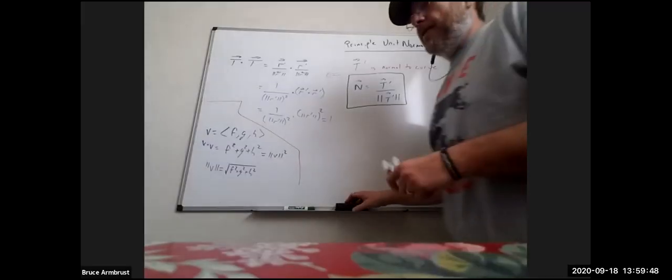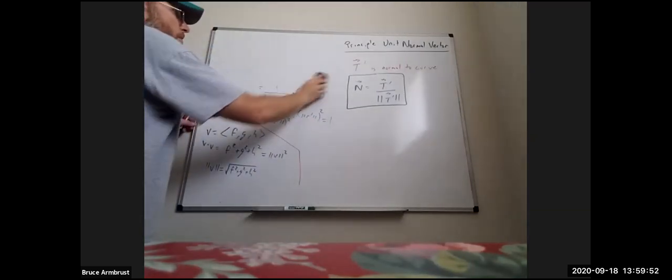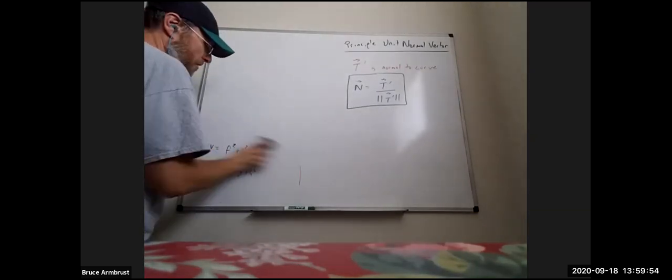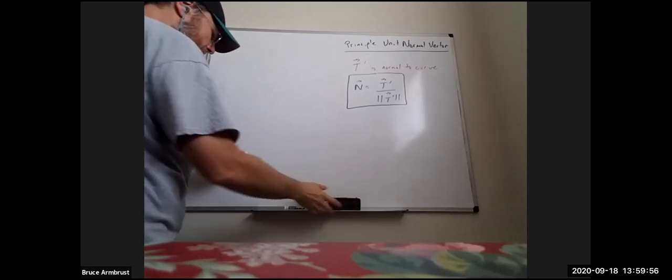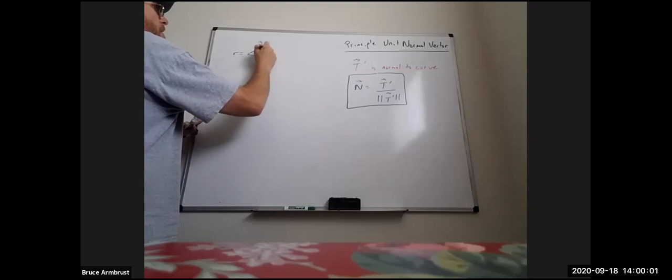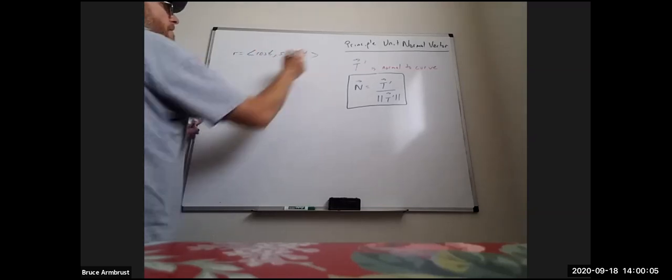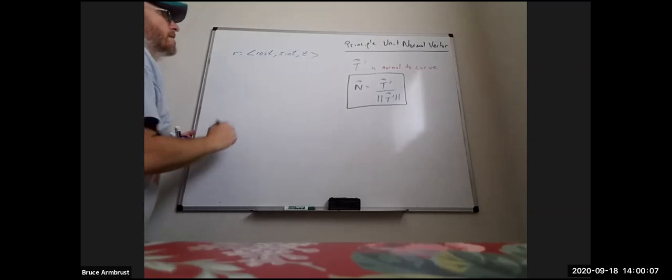All right, so let me just show you how we find that with that same example we did a minute ago. If we go back and look at that one again, we had r was cosine t, sine t, and then t.